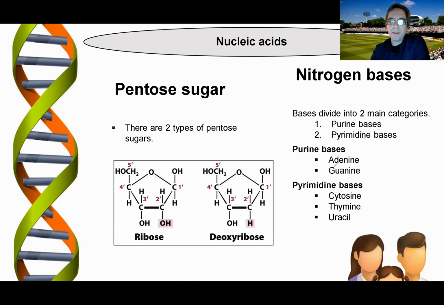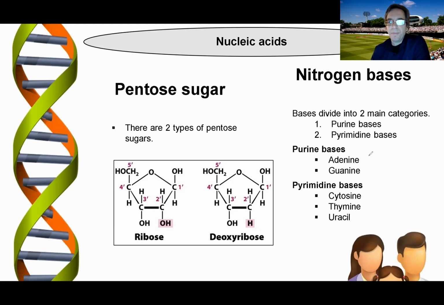We talked a little about the bases. They're divided into two categories, which are purines and pyrimidines. Let's have a closer look at the classification. Adenine and guanine are purines; cytosine, thymine, and uracil are pyrimidines.